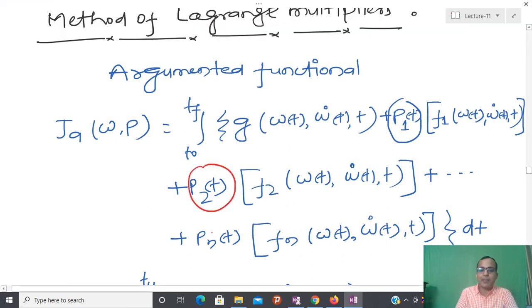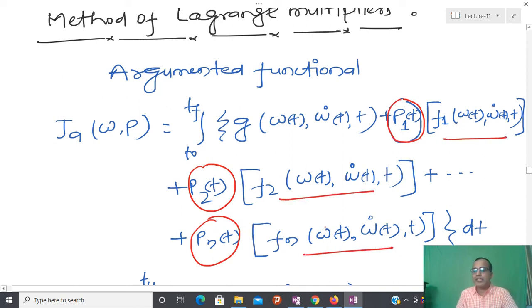Here again I am assuming that these Lagrange multipliers are time varying, which means that from t0 to tf they take different values, and the constraint is a function of the n plus m variables and their rates of change also.